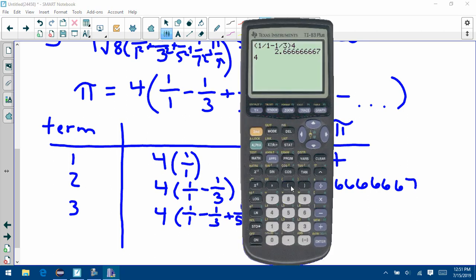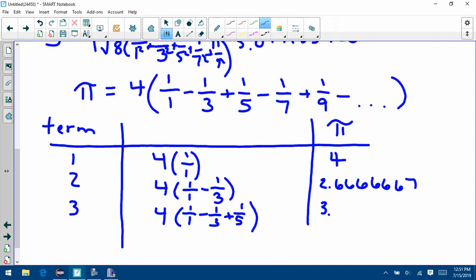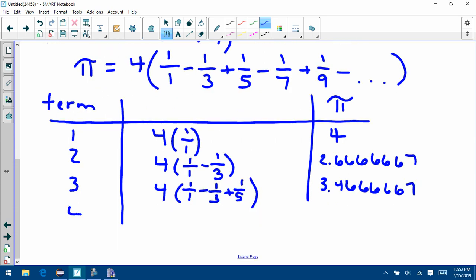So we have 4 times 1 over 1 minus 1 over 3 plus 1 over 5. And this time I get 3.46 repeat. So it's kind of going above pi, below pi. A little bit less above pi. The next one's probably going to be a little bit less below pi.